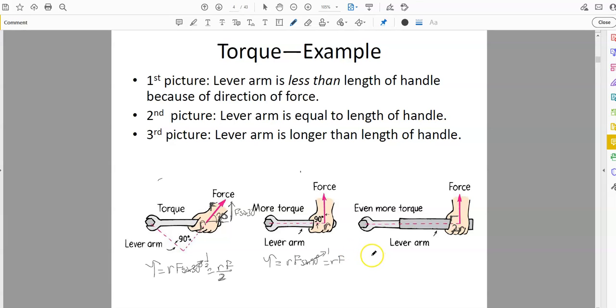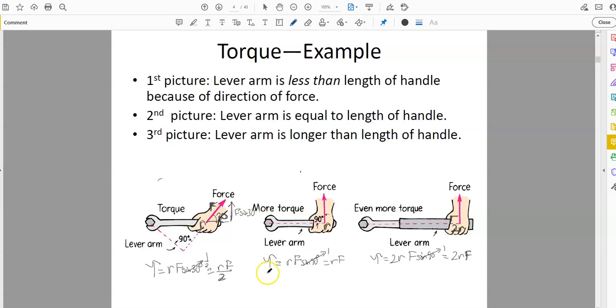All right. This next one right here is actually going to be 2R. I should be careful. I wrote 2R where the force is attached. And that's also going to be F sine of 90 degrees, which is just 1. So this is going to be 2RF.